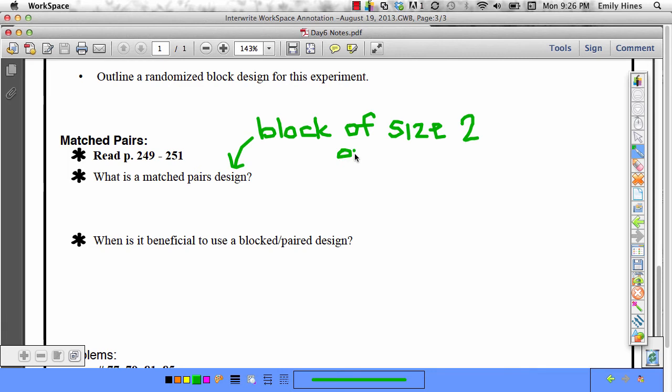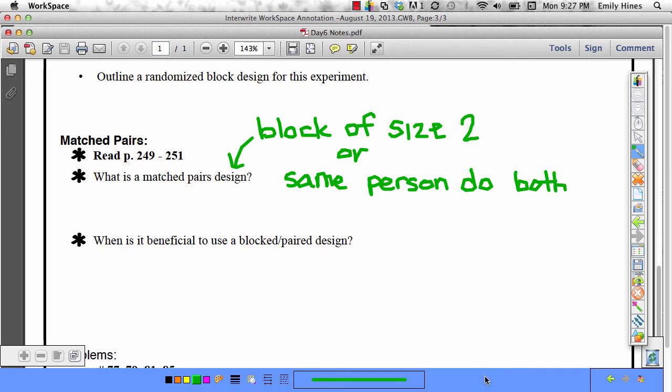So it's either 2 people doing the same treatment, or 2 experimental units having the treatments, or I might have the same person do both. Okay, even if I have the same person do both, it's very important that I randomly assign which one they do first, because the order may have something to do with it, and I want to account for that by using random assignment.